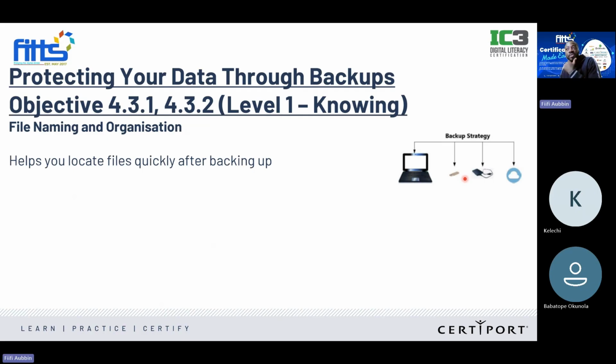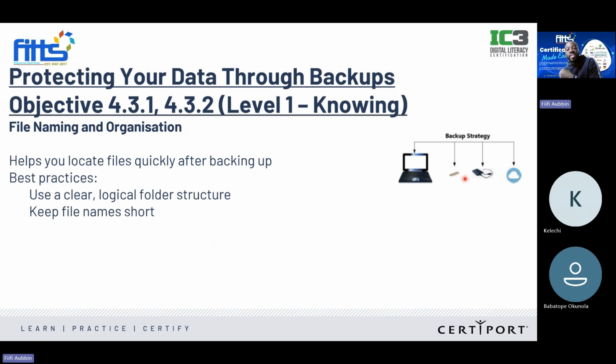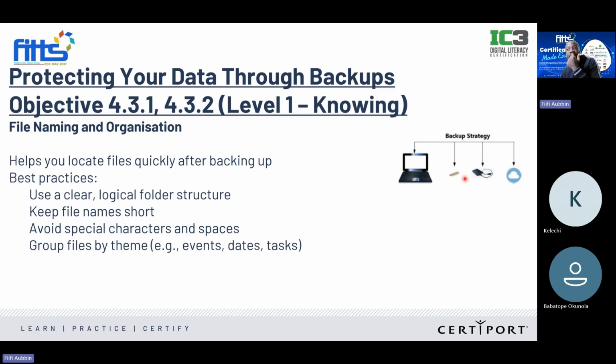And we have file naming and organization. It helps you locate files quickly after backing up. The best practices here are to use a clear, logical folder structure, keep file names short, avoid special characters and spaces when you are naming files, and group files by theme, whether event, date, or task.